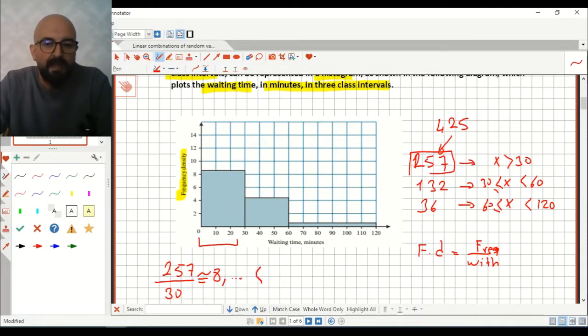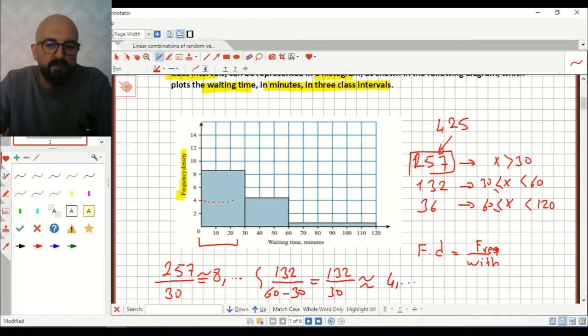And the second one, frequency density, is 132 over 60 minus 30, it means 132 over 30, approximately 4 points, as you see in the graph.